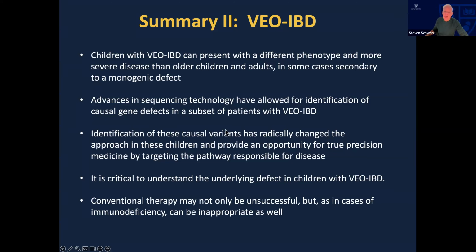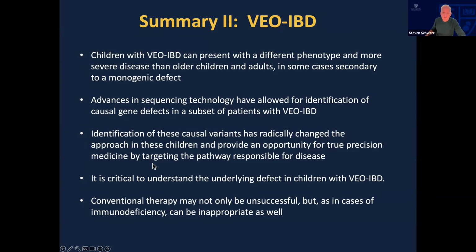Identification of these variants has radically changed the approach in these children, mainly through the use of stem cell transplantation and the development of drugs to specifically address the problem. And these provide an opportunity for precision medicine by targeting the pathway responsible for disease. In this case, our knowledge of the JAK-STAT signaling pathway.